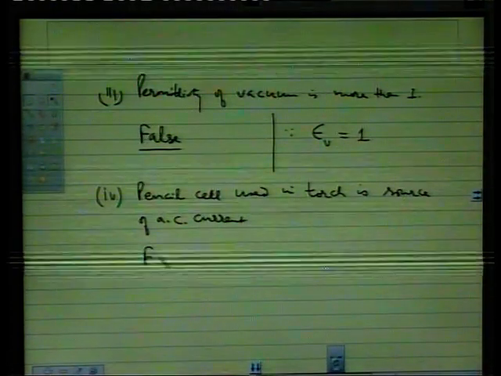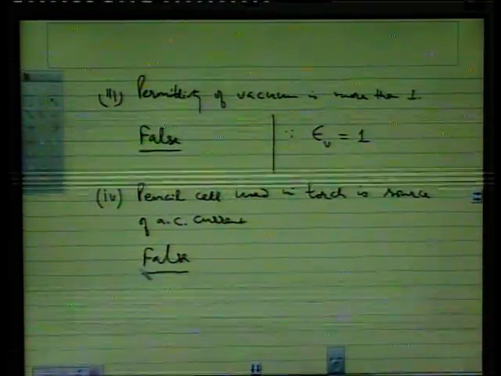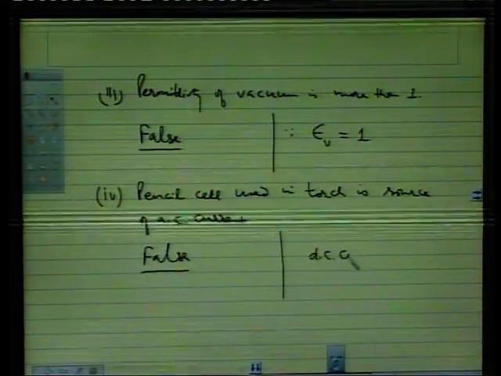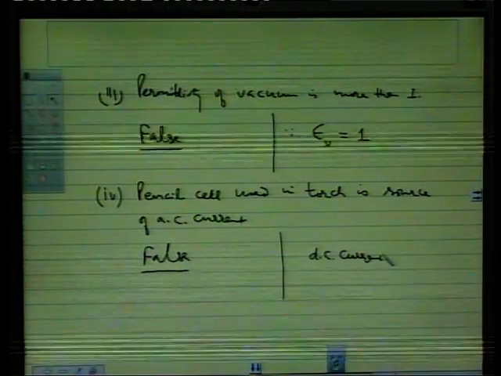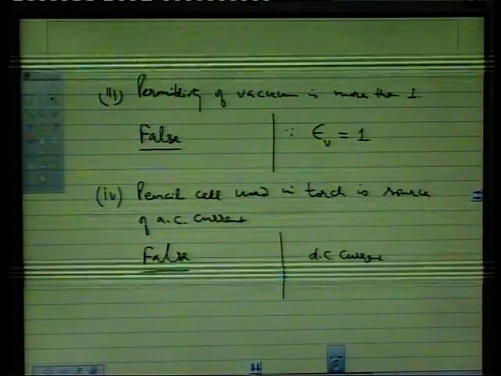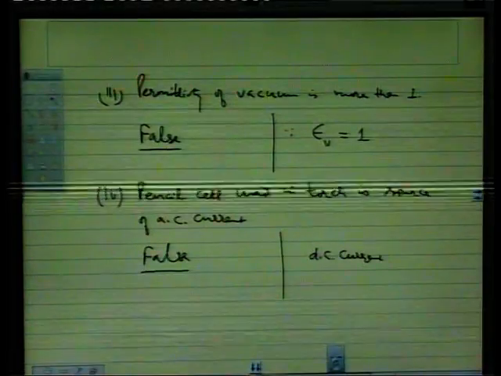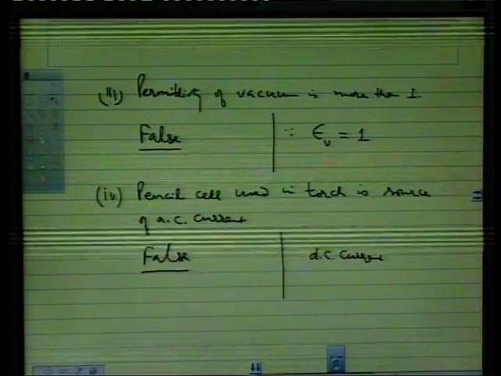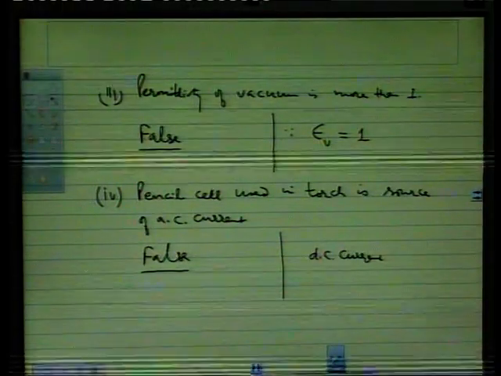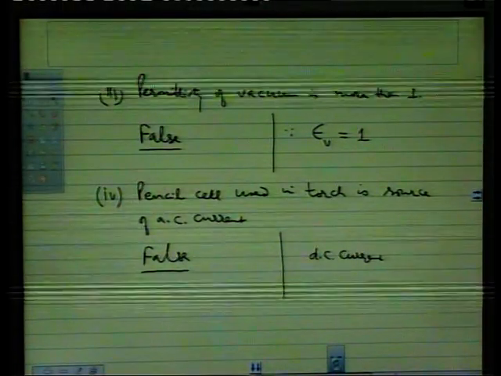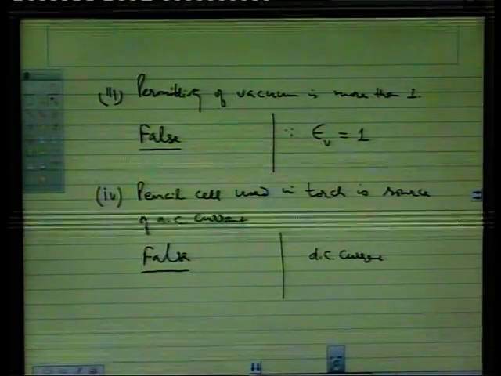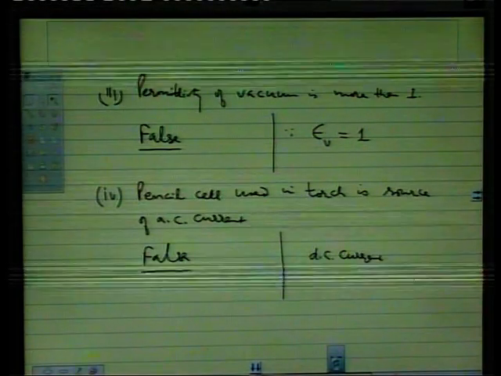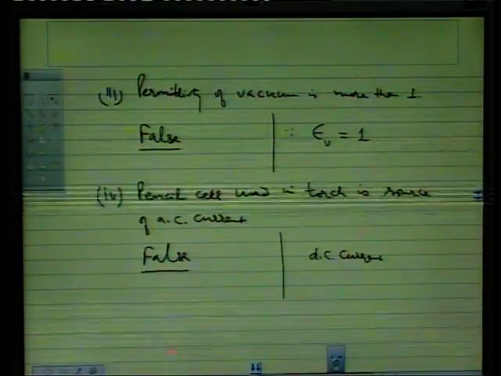It is also false, because this is the source of DC current. The correct answer is DC current. The cell which we use in our torch or in watches or alarm clock is a source of DC, not AC. AC is what is transmitted to our houses or in industries, that is the alternating current.